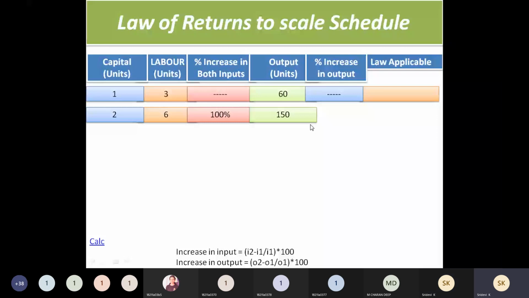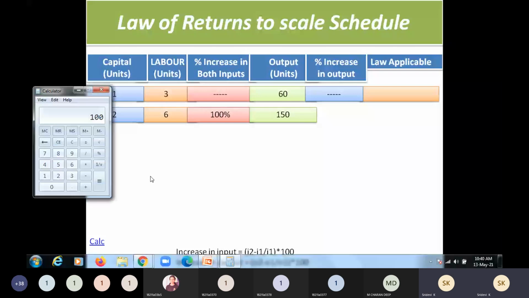Where is the calculator? See here, 150 minus 60 divided by 60 into 100.